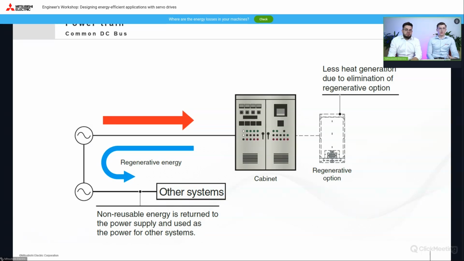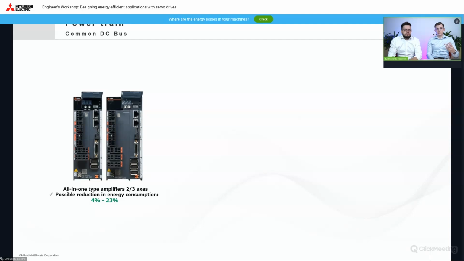Well, okay, so let's see what energy savings are possible at all, for a solution with a common DC bus then. So firstly, a group of drives with a common DC bus will be 2 and 3 axis amplifiers in all-in-one version, as you can see.